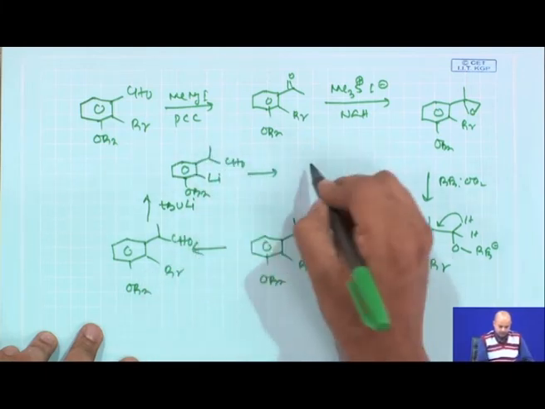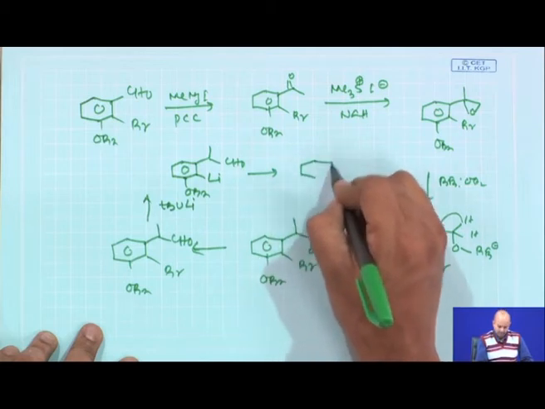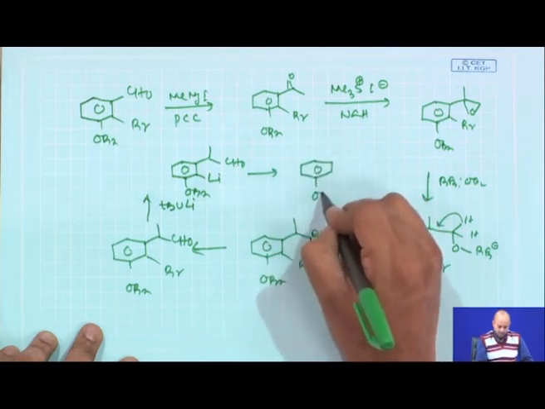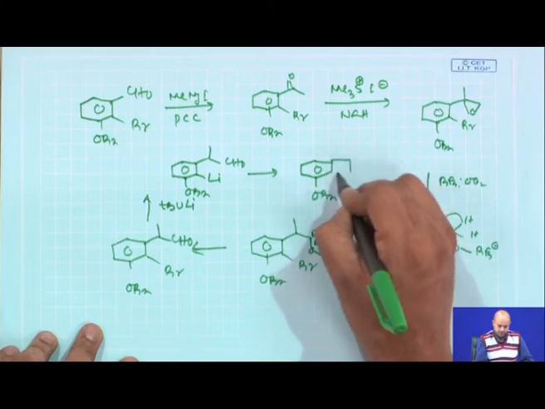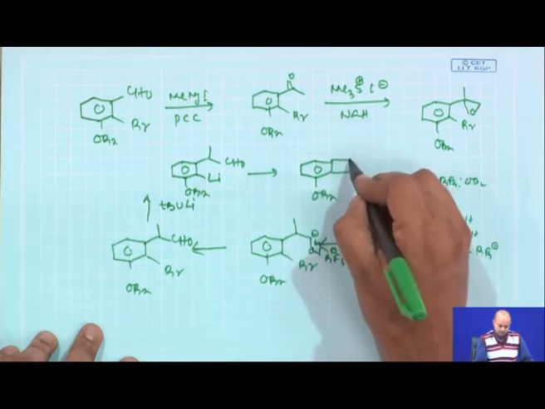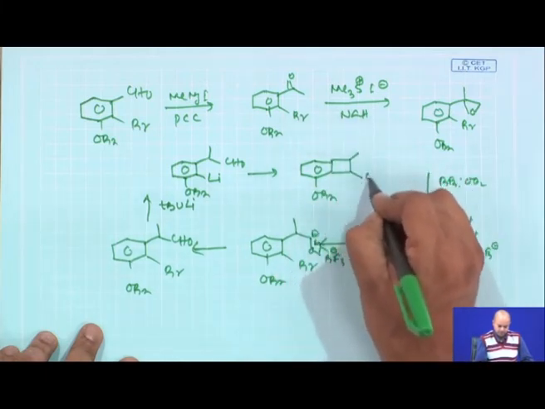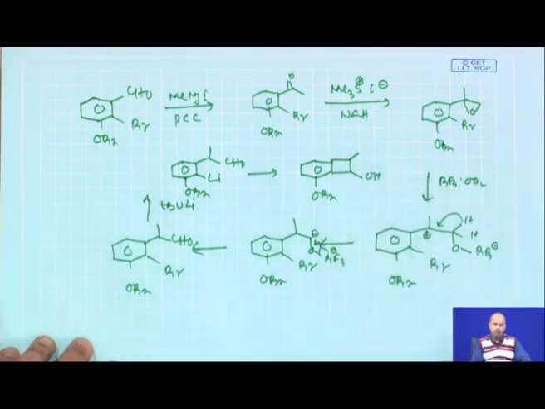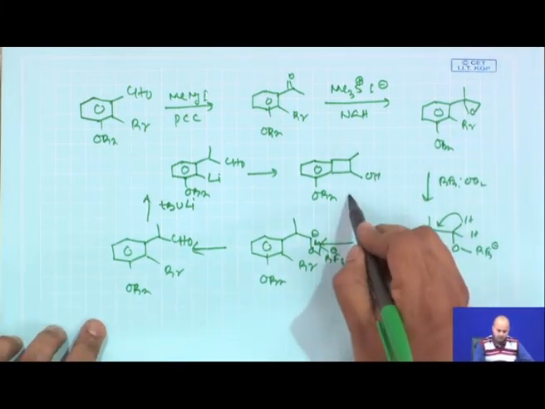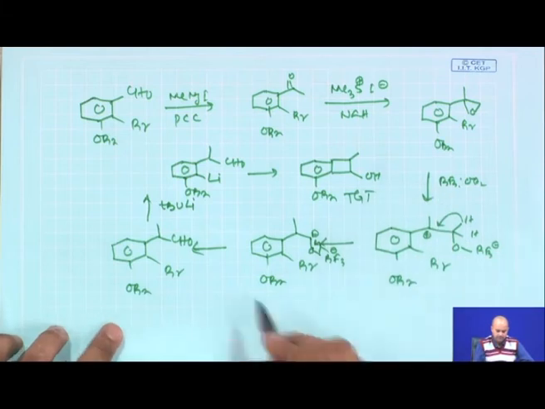It will immediately undergo intramolecular nucleophilic reaction with the aldehyde, and then you get this cyclobutane derivative, the benzocyclobutane derivative. By this way your target molecule can be easily achieved.